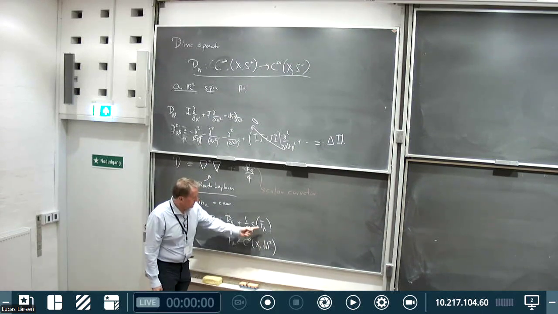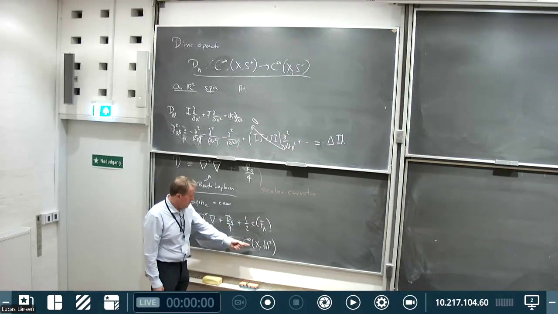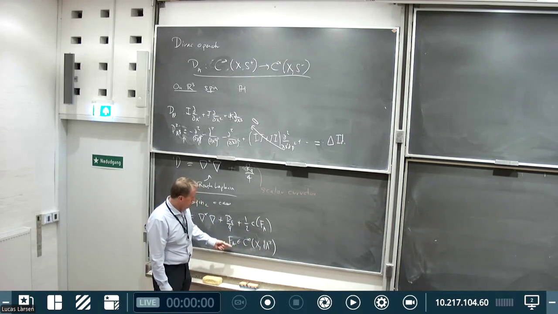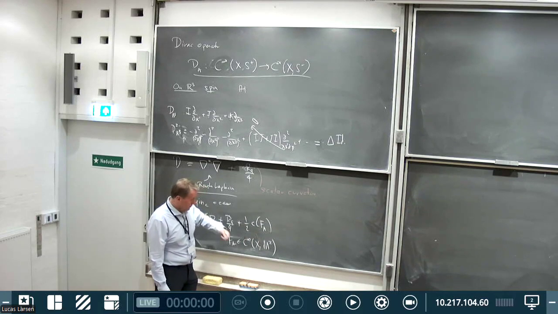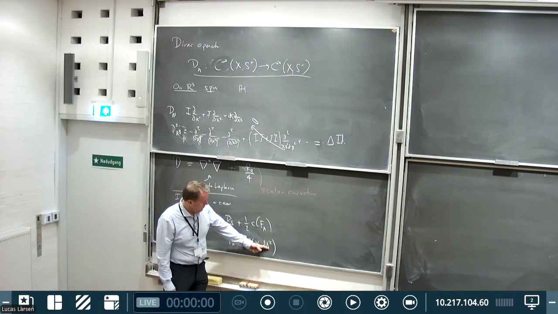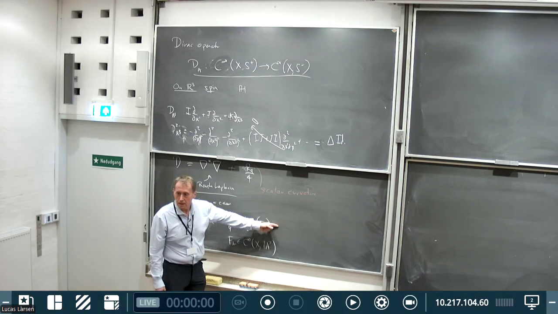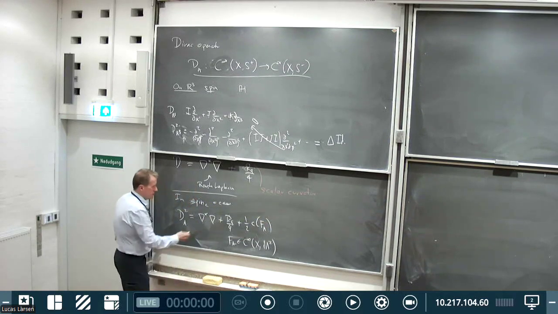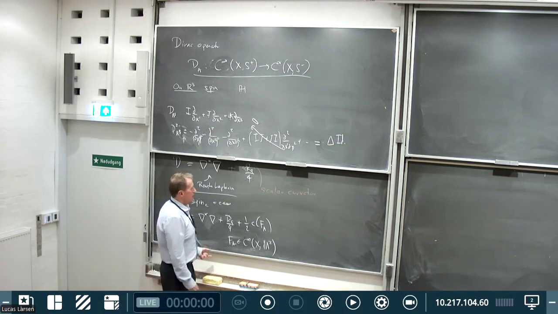Clifford multiplication gives us a way of acting on spinors. The Clifford algebra is isomorphic as a vector space to the exterior algebra, so I use that isomorphism to think of this as an element of the Clifford algebra, and then I can Clifford multiply. So that's the formula in the spin C case.